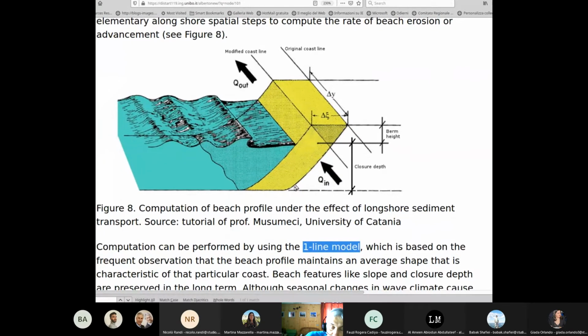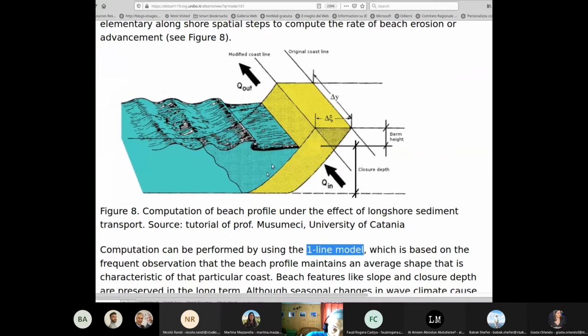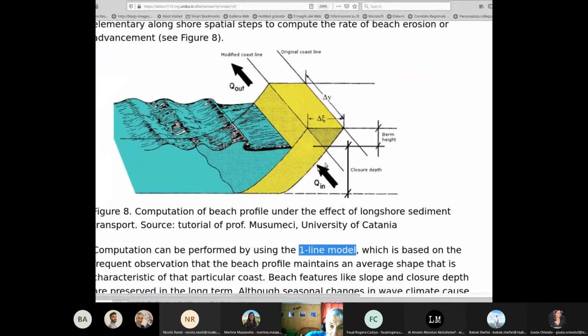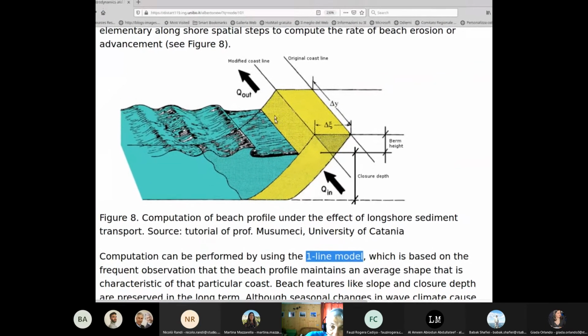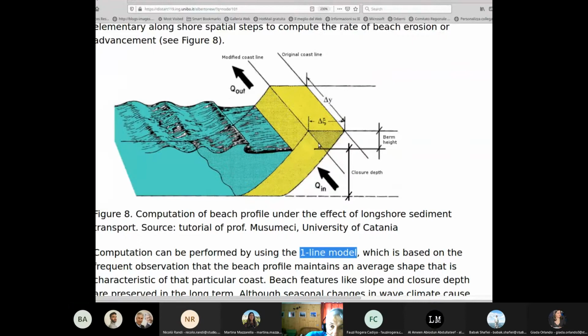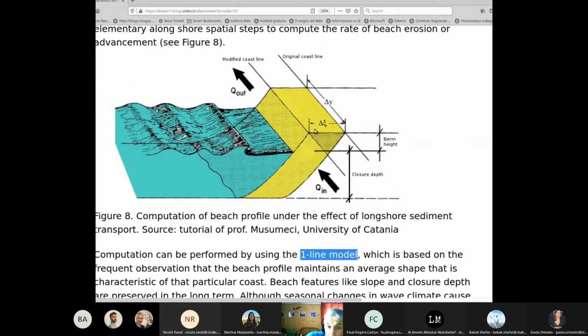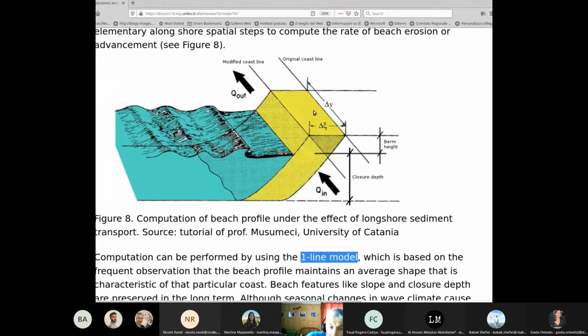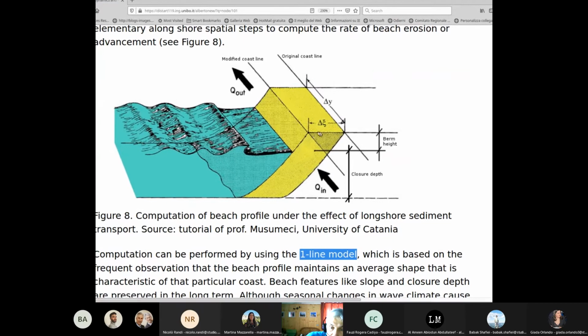Also, again, the slope of the beach is unchanged. So you have completely defined the geometry of this yellow volume. The only unknown is delta Xi.